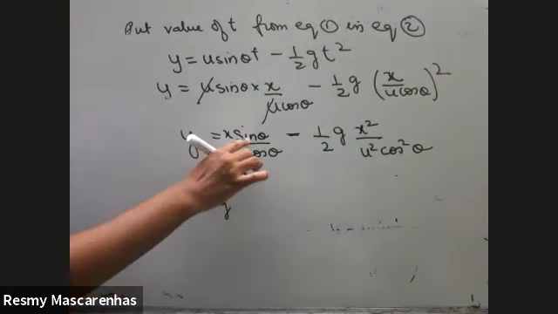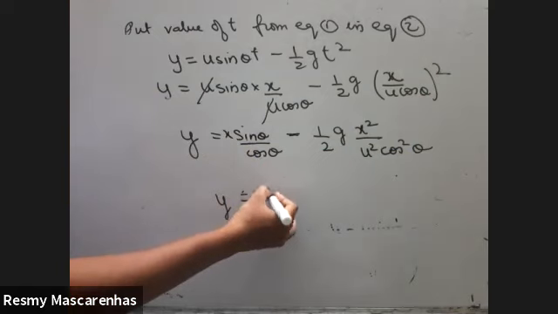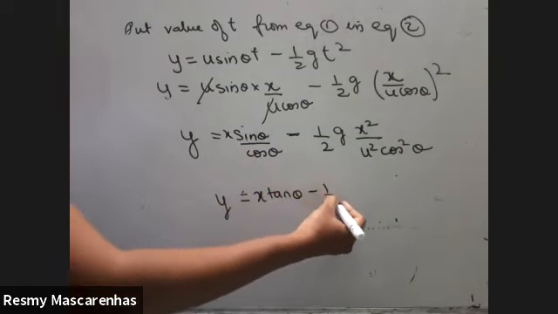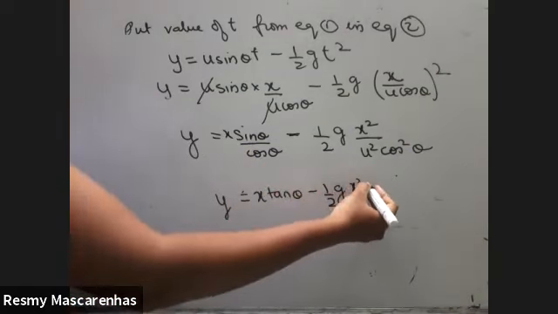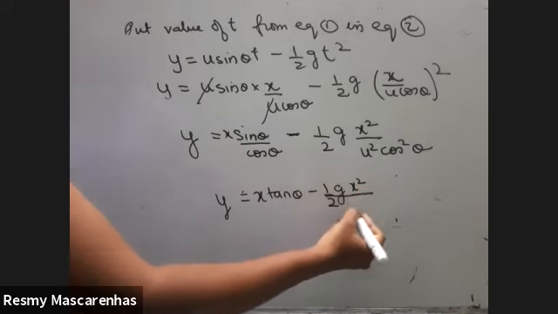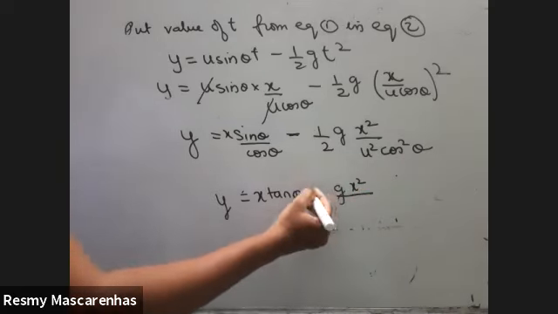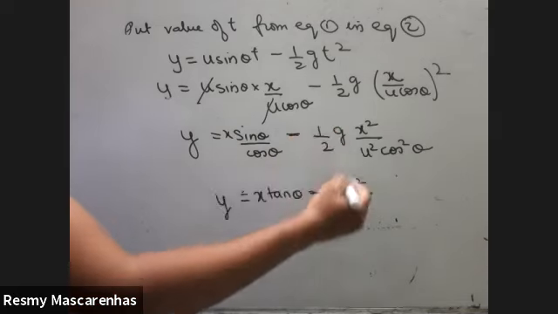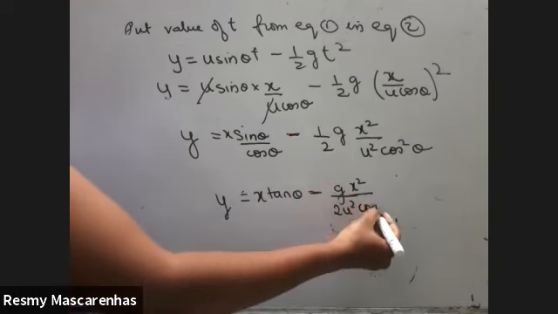You notice sin theta upon cos theta is tan theta. And it says g x square upon 2 u square cos square theta. So this is the answer.